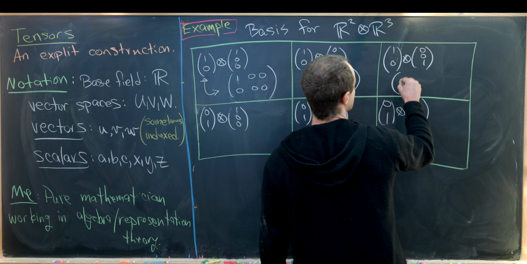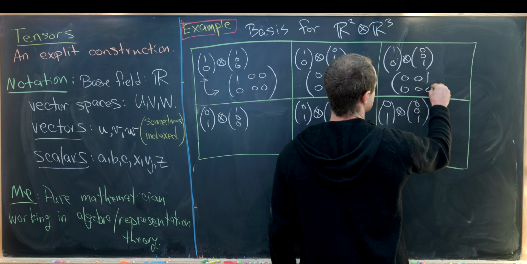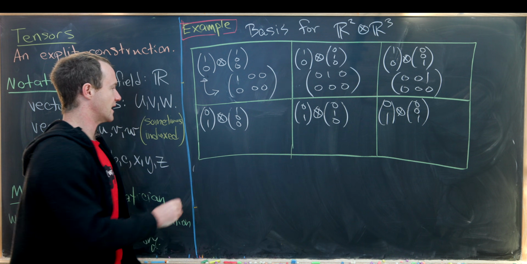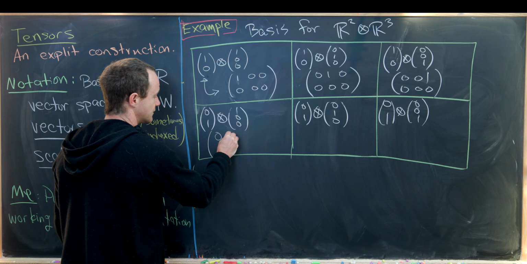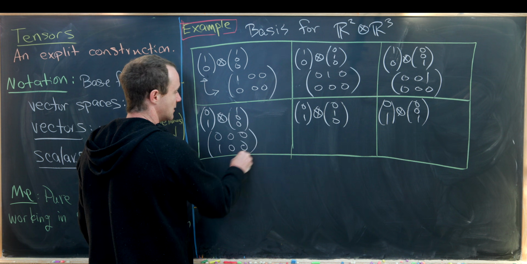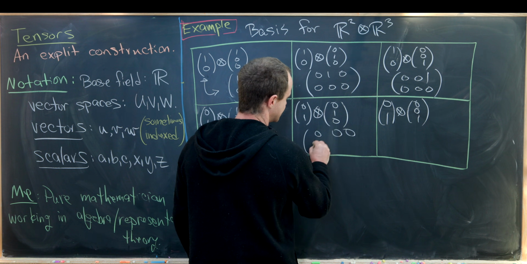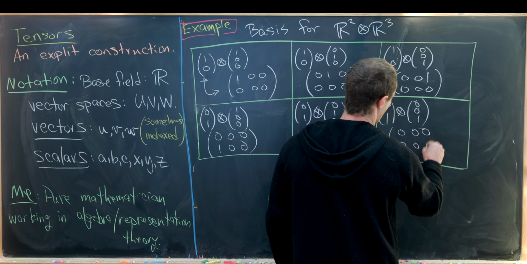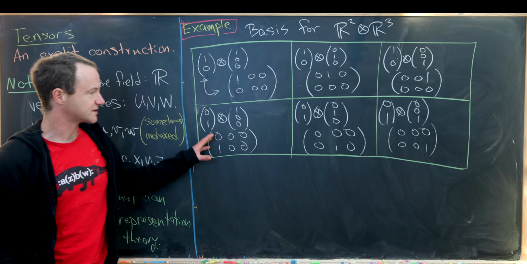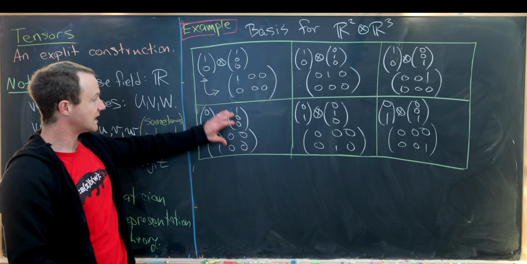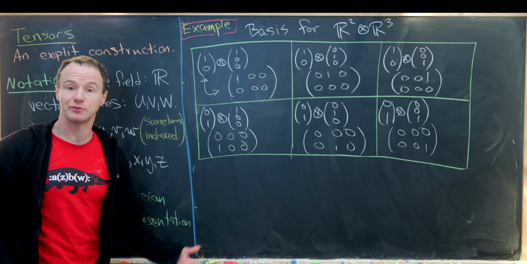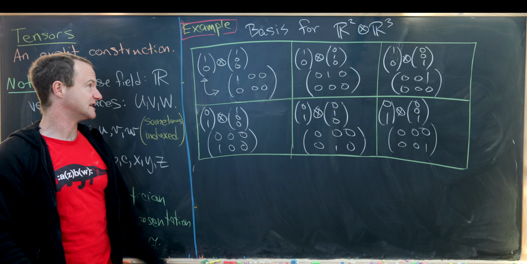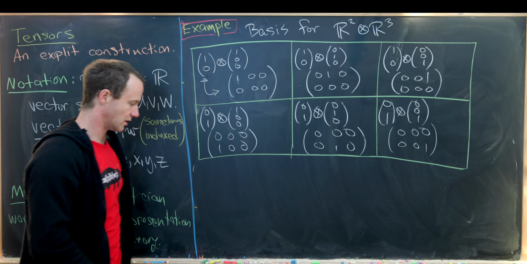This one will be (0, 0, 1, 0, 0, 0). And then you can see where we're going from there. So this one will be (0, 0, 0, 1, 0, 0). This one (0, 0, 0, 0, 1, 0). And then finally (0, 0, 0, 0, 0, 1). So there's a relation between basis vectors for M2 by 3 and basis vectors for R2 cross R3.